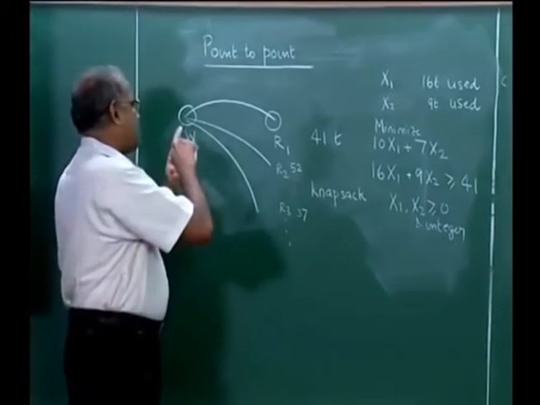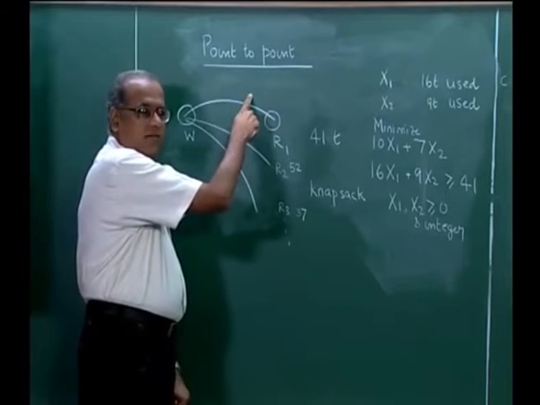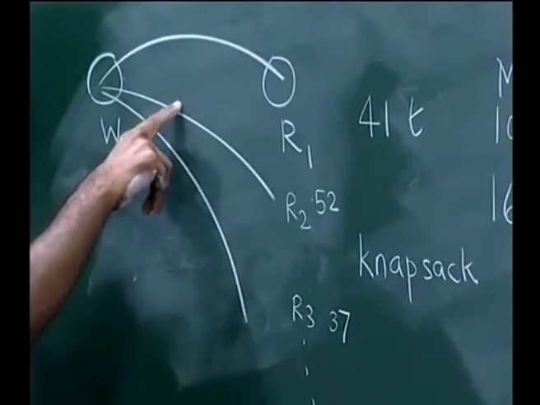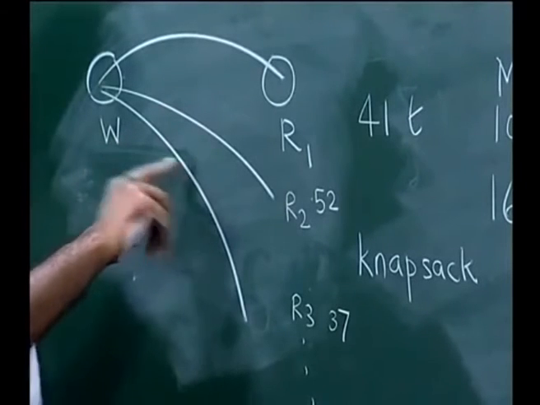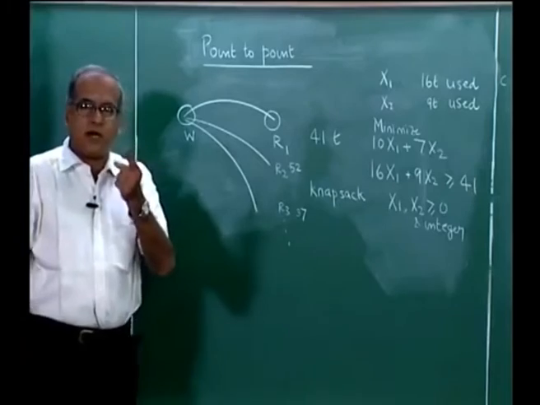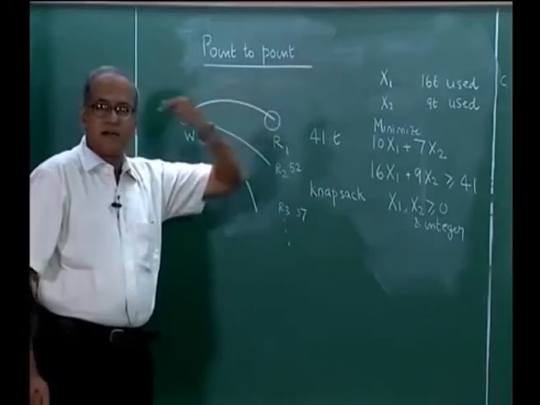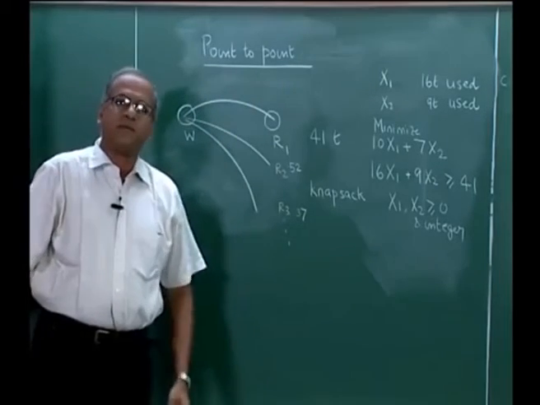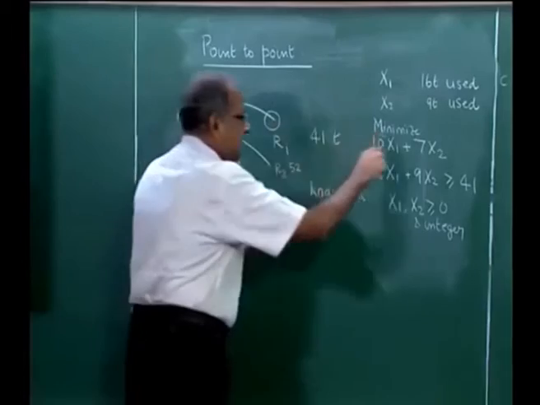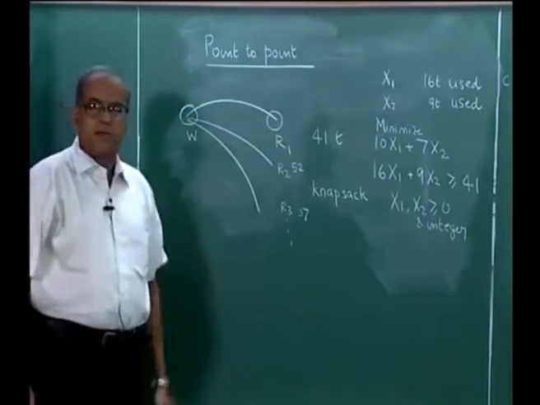So, again we may have to define x11 and x12 as the number of trucks of 16 ton and 9 ton, x21 and x22, x31 and x32 and so on. As long as there is no availability restriction on the number of 16 ton trucks and 9 ton trucks, the problem can be separated into several single constrained knapsack problems, one for each arc.